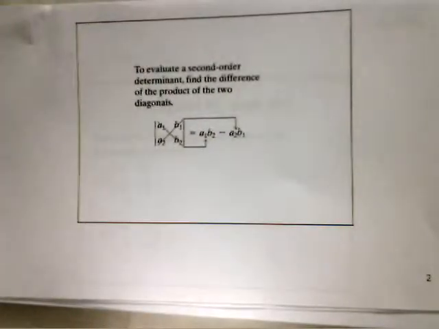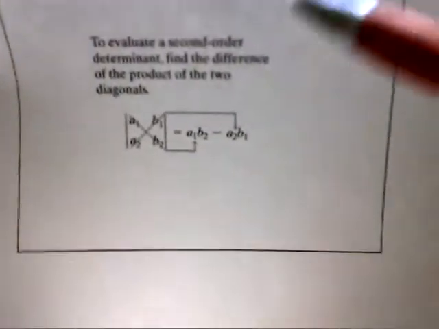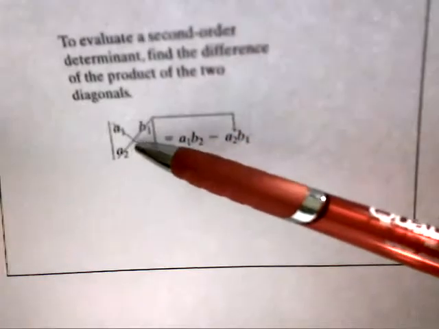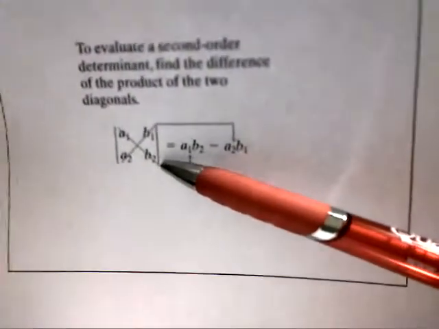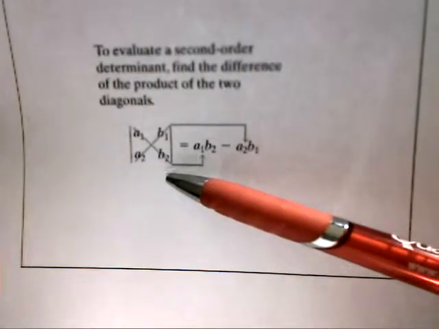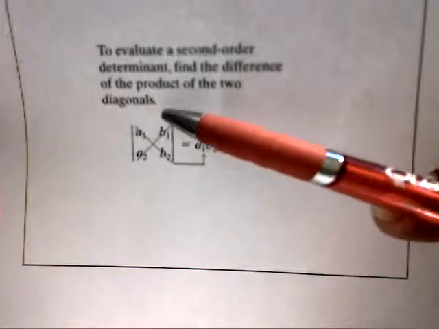Okay, let's say we had this square matrix here, written as A1, A2, and then B1, B2. If you want to evaluate the second order determinant, you're going to find the difference of the product of the two diagonals.